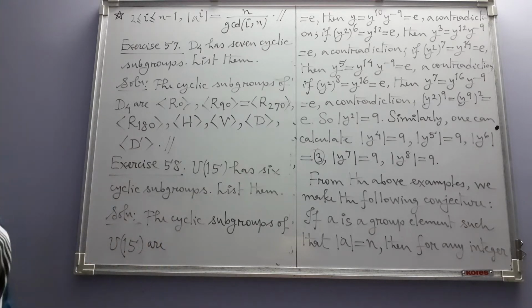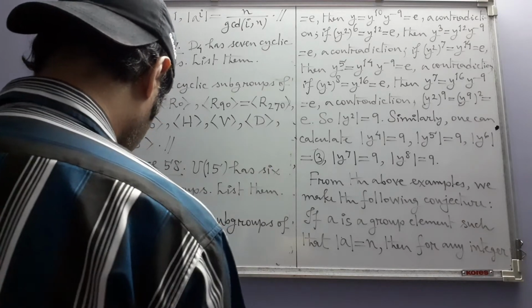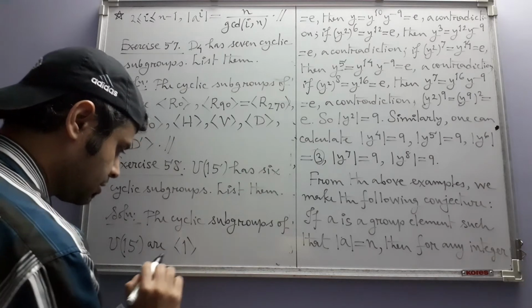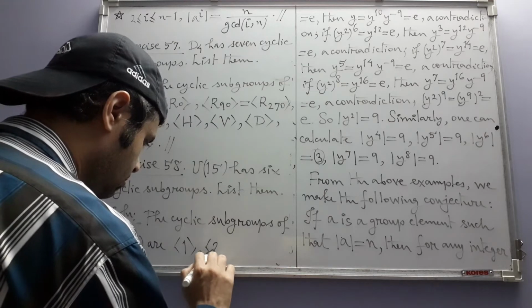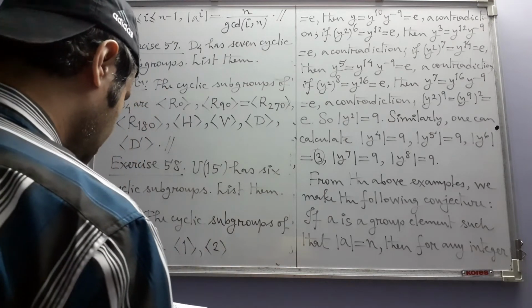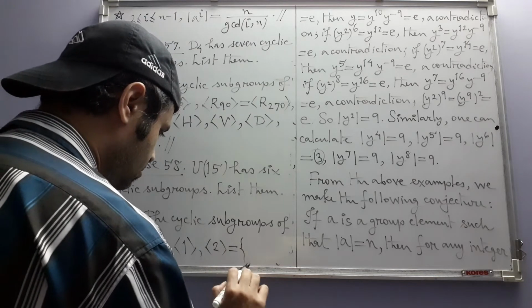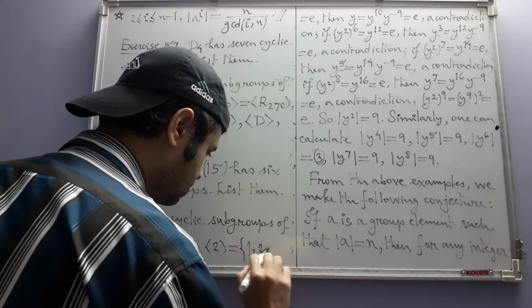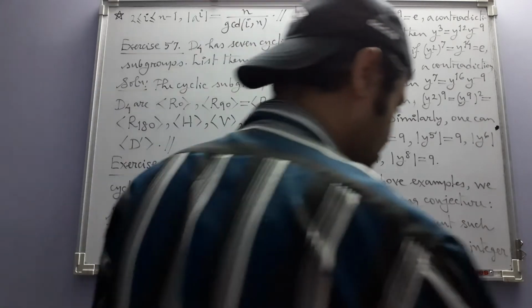These are the cyclic subgroups. You can verify. The first one, of course, is the one generated by the identity. Then the subgroup generated by 2. For your convenience, I am also going to write the elements.